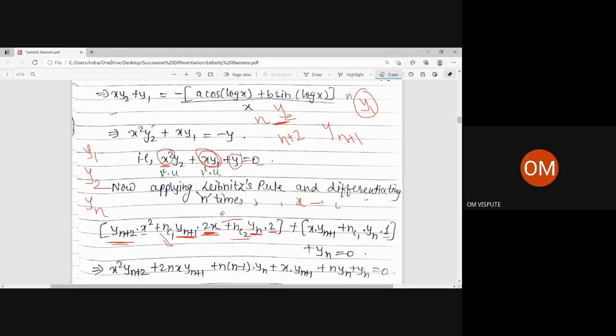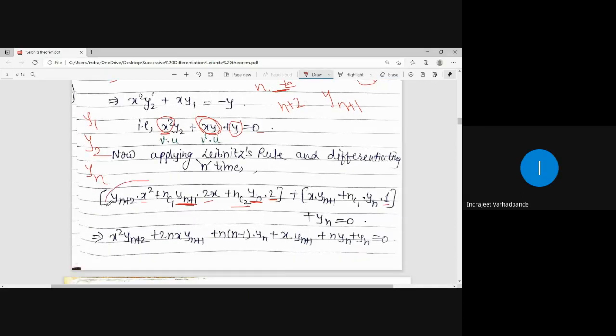Now what you have to do is collect the like terms in the given expression. Only one term contains yn plus 2, so we write it separately. This term contains yn plus 1 and this term contains yn plus 1, so we will collect them together. What is the value of nC1? n, as I have written in the note.